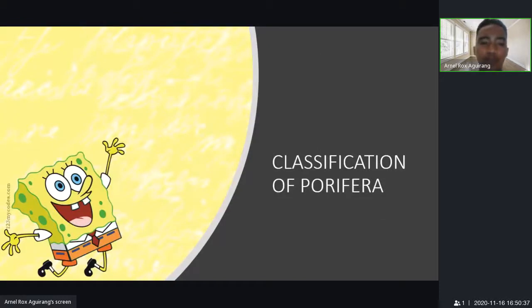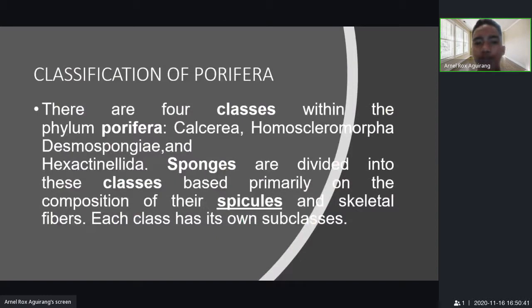So here we go to the classification of Porifera. First is Calcarea, Homoscleromorpha, Desmospongiae, and Hexactinellida. Sponges are divided into these classes based primarily on the composition of their spicules and skeletal fibers.